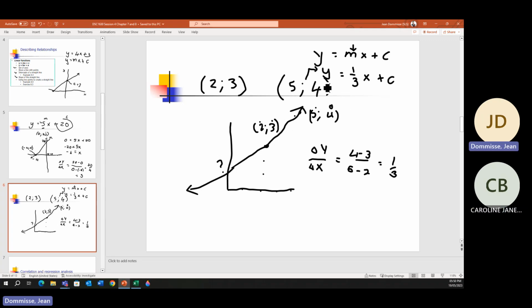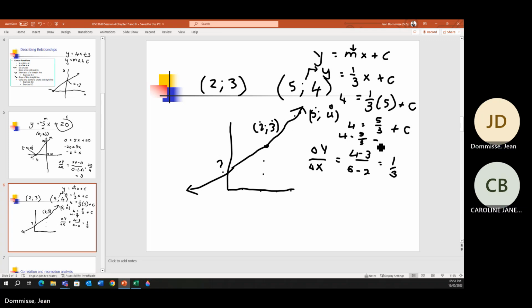So I know then that this is x and y, so y, the 4, is equal to a third times 5, because that's my x value, plus c. And so again, this is not going to be that great. 5 over 3 plus c. So I need to take it to this side. 4 minus 5 over 3. Oof.